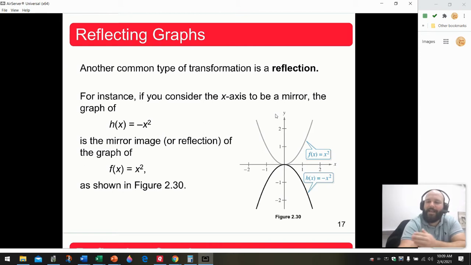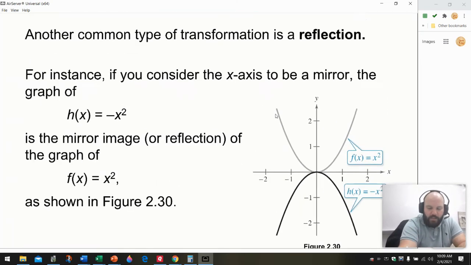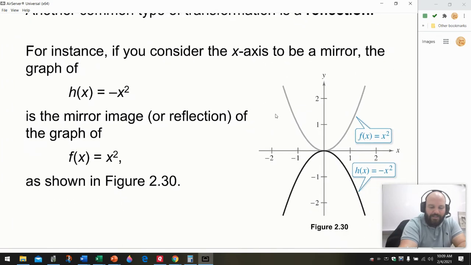Where that -1 is within the equation determines whether it is a reflection about the y-axis, because you're spinning on the y, or a reflection about the x-axis, which would be this way because you're spinning on the x-axis. So where the negative is occurring determines whether it's a reflection about the y or about the x-axis. The example that I'm going to show you is this right here.